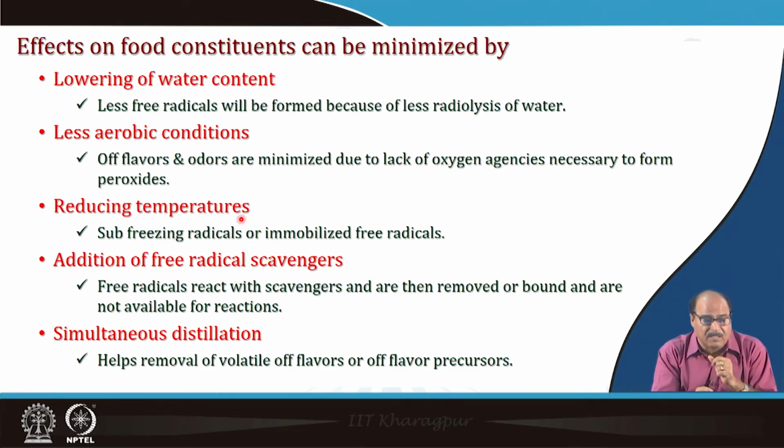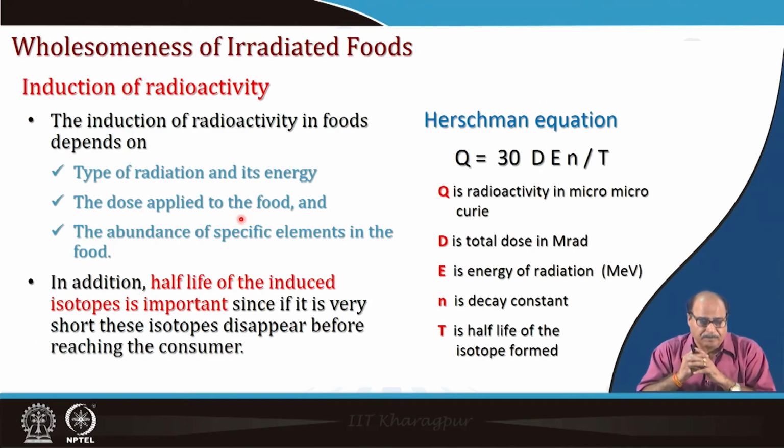Reducing temperature, that is sub-freezing, immobilizes free radicals, as in irradiating in the frozen state, or even addition of free radical scavengers, or simultaneous distillation during irradiation. It helps to remove volatile flavors or flavor precursors, and these effects can be minimized.